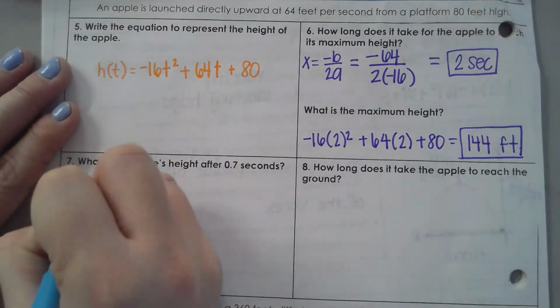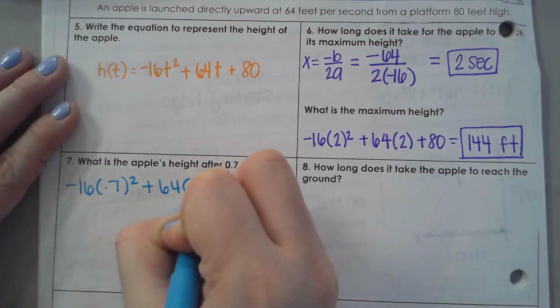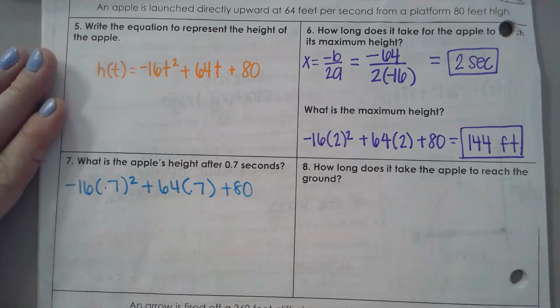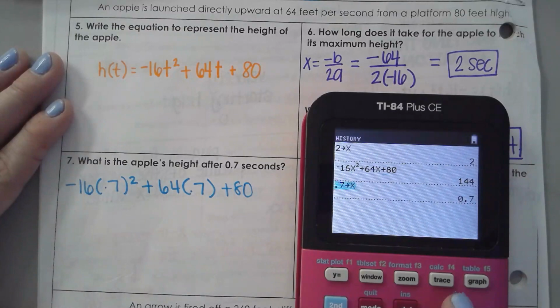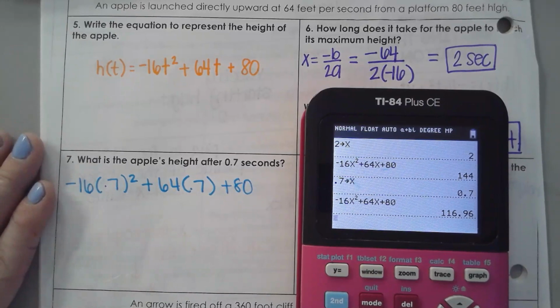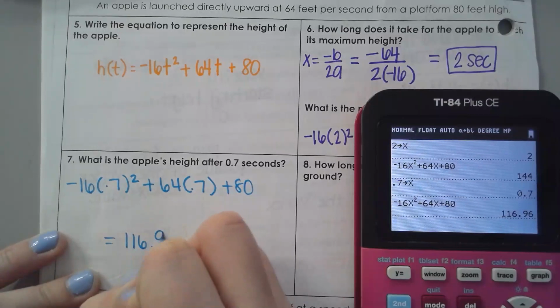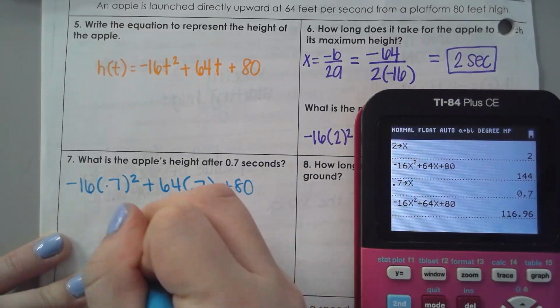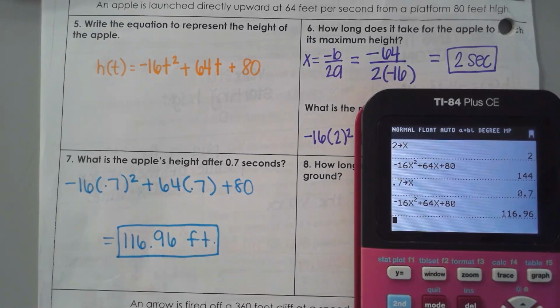So negative 16 times 0.7 squared plus 64 times 0.7 plus 80. We get almost 117 feet. Any questions?